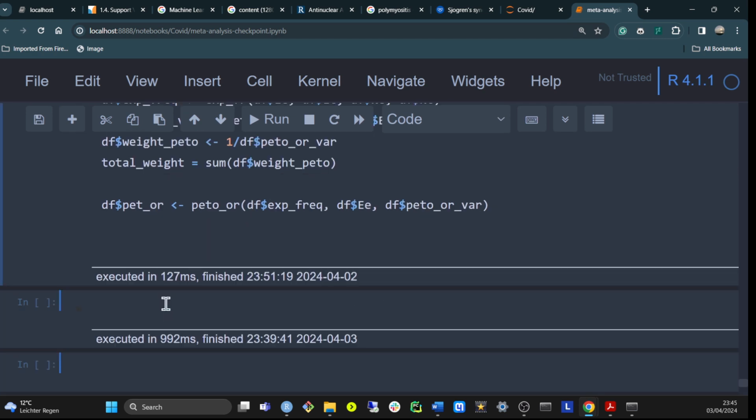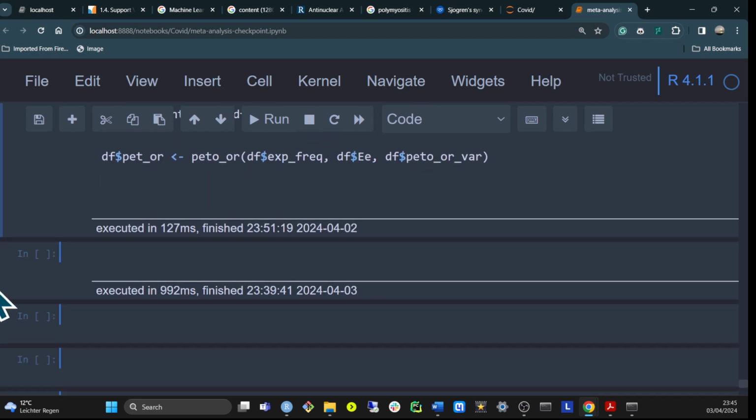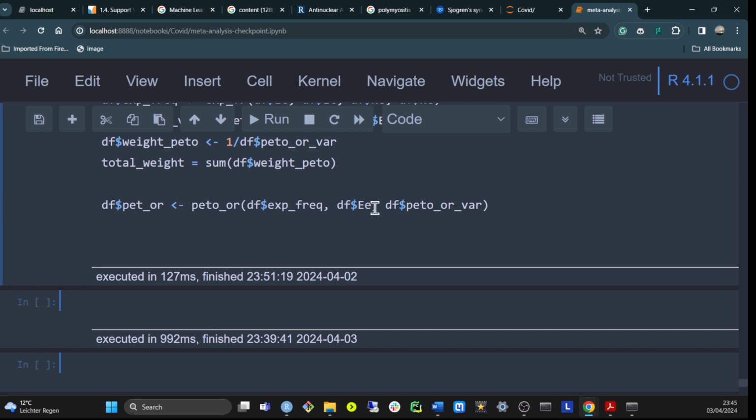The next thing is, let me take the lower, and then the upper. Then let me close the square bracket, and then let me add a separator. So the separator would be simply a space. Now I should be able to get the pooled odds ratio, the lower and the upper confidence interval for the pooled.